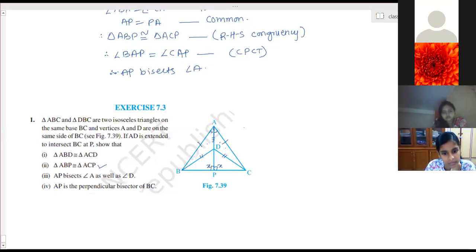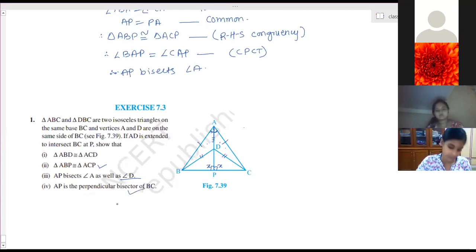Clear? Ma'am, what about AP bisects angle A as well as angle D? Just now we have proved angle A already, no? Yeah, angle A first. Then for proving angle D, you have to take BDP triangle and CDP triangle congruency.